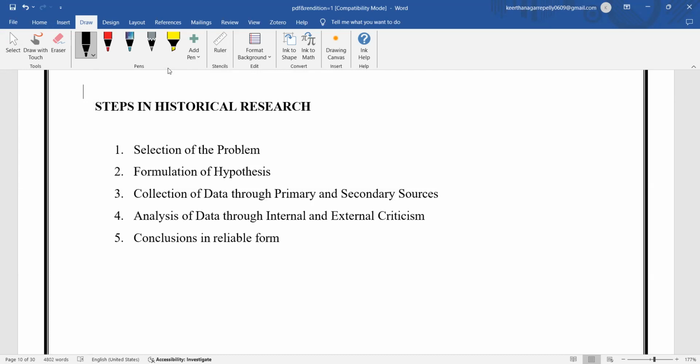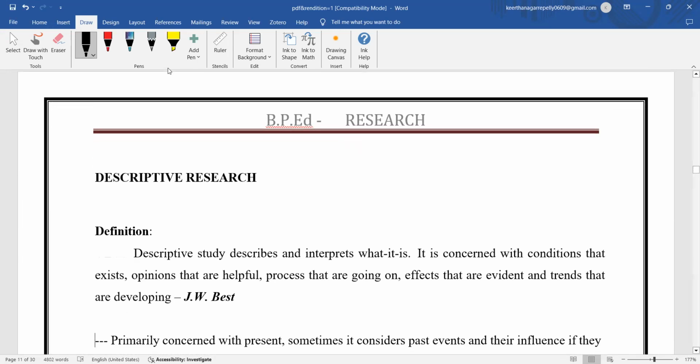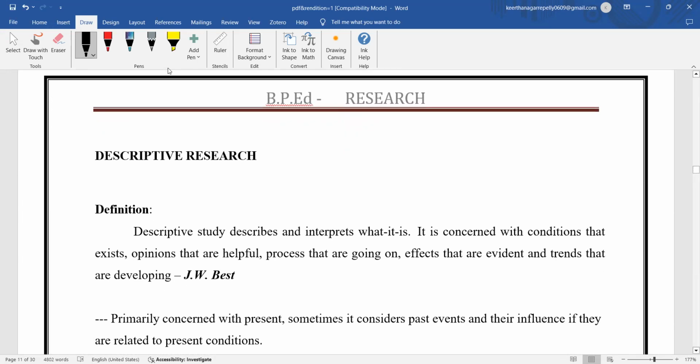Whatever conclusions you have reached as a researcher, you will write in a reliable form. These are the few steps in historical research. Okay, next is descriptive research.